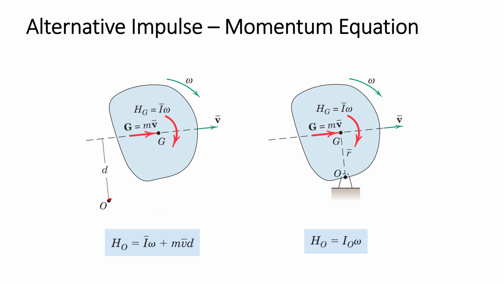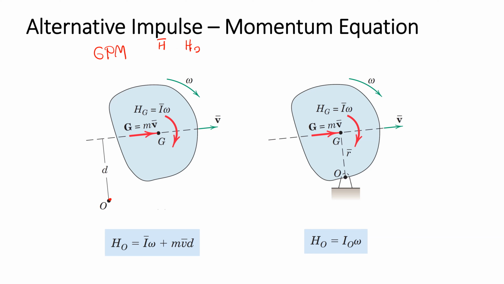So for the general plane motion, we can obtain the angular acceleration about point G, or we can obtain the angular momentum about point O.